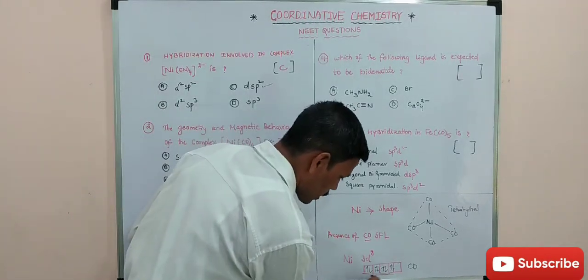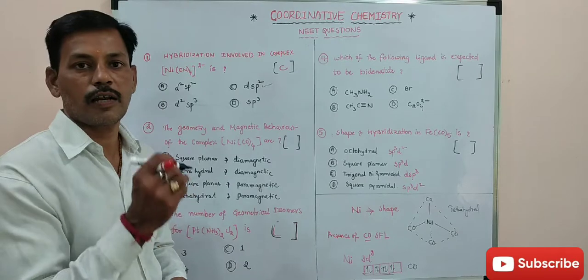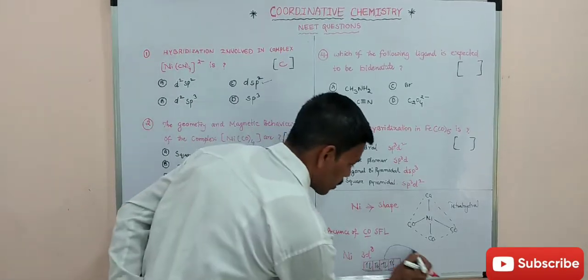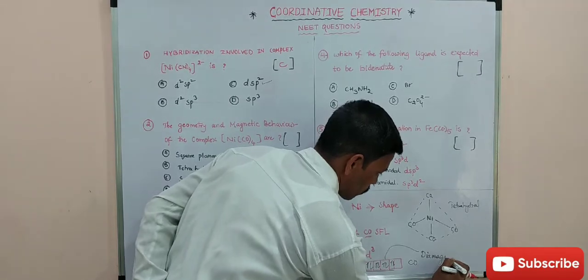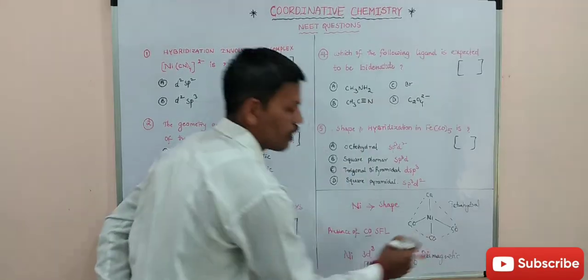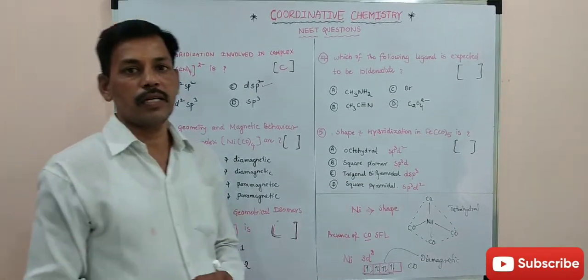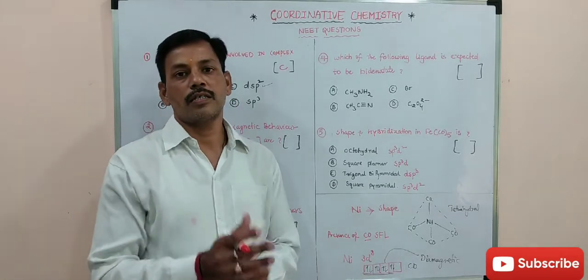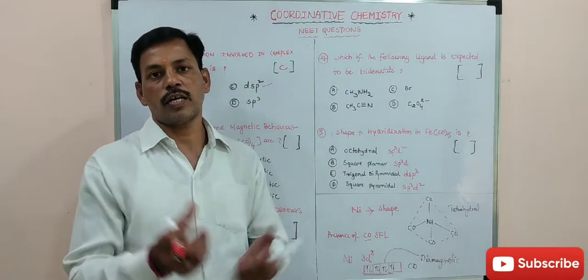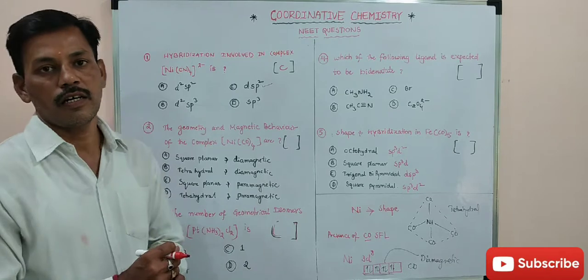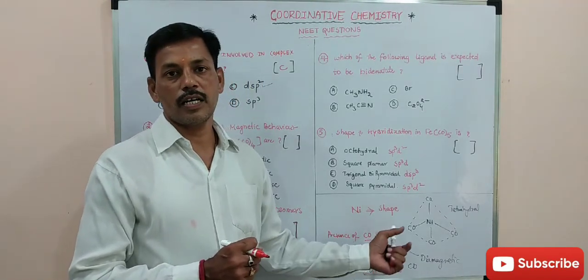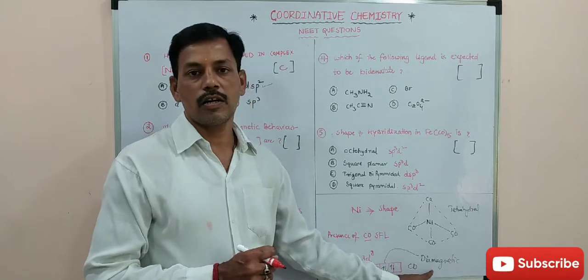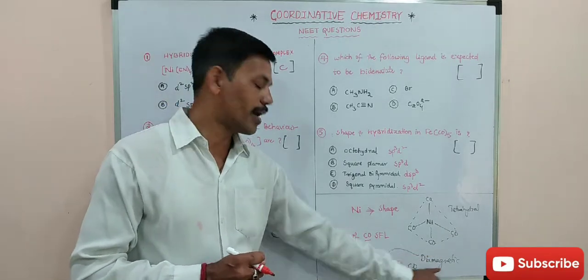Now the magnetic behavior: all the electrons are paired, so this is called diamagnetic in nature. Diamagnetic means that when the electrons are paired, there is no attraction, so the nature of this magnetic property is called diamagnetic.